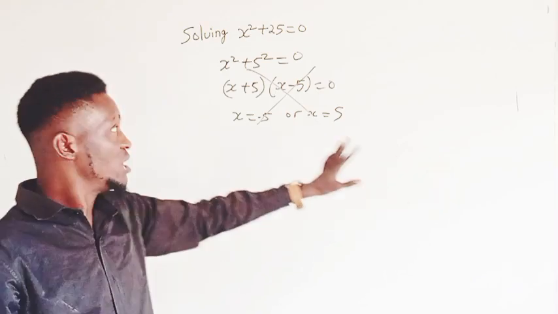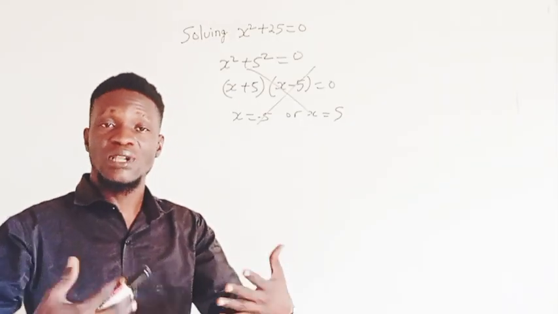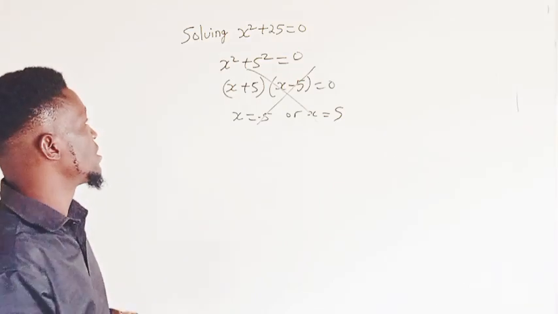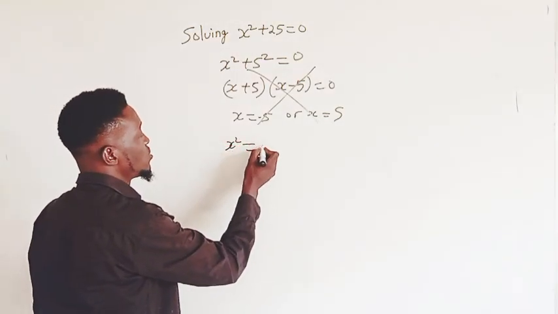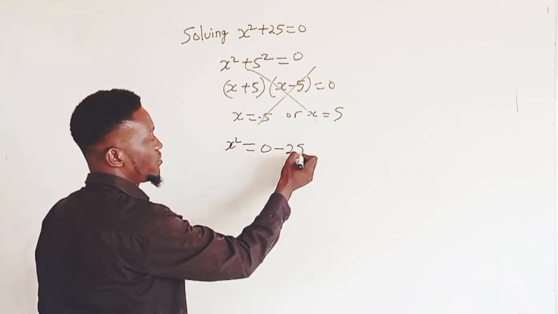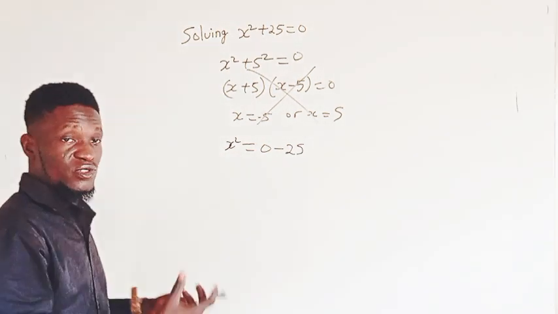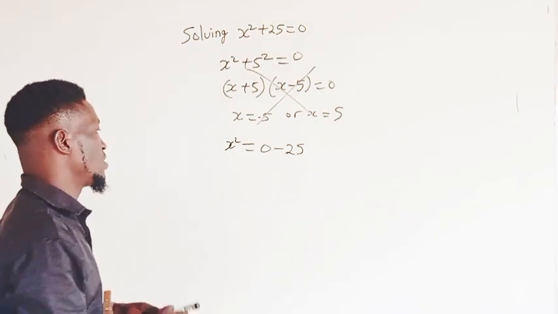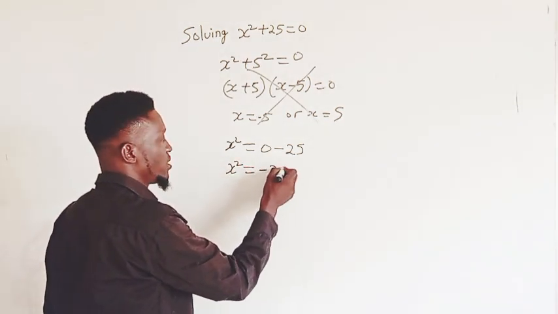If you have something like this, the first thing is to collect like terms. If I want to collect like terms, I will say my x squared is equal to 0 minus 25, and 0 minus 25 is minus 25. So my x squared is equal to minus 25.